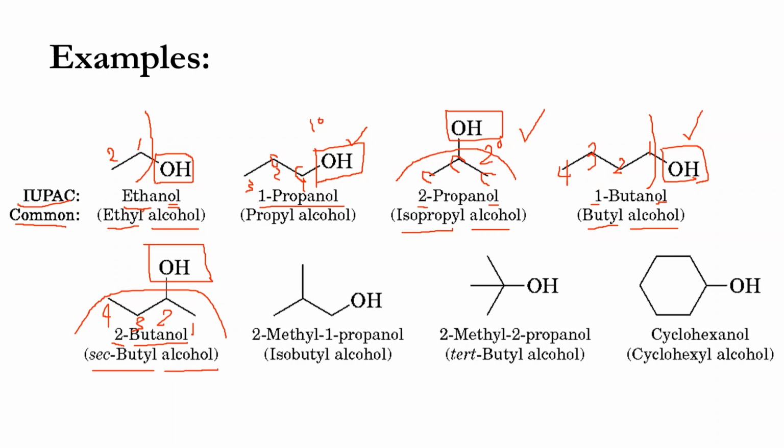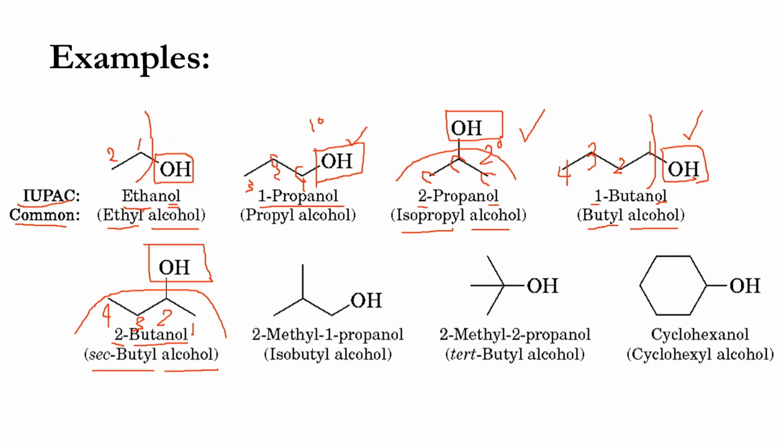By the way, in alphabetization of the alkyl or substituent groups, only iso is considered in alphabetizing. When you have sec and tert, for example, in the name of the alkyl, you disregard them in ordering the names of the alkyl in alphabetical order.